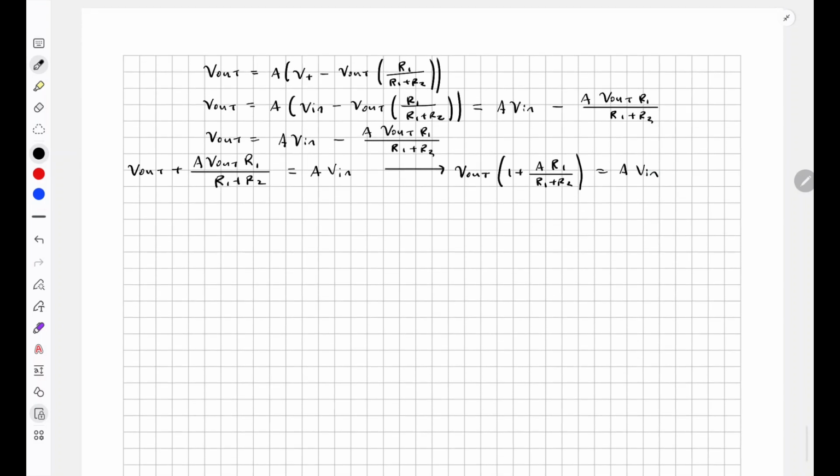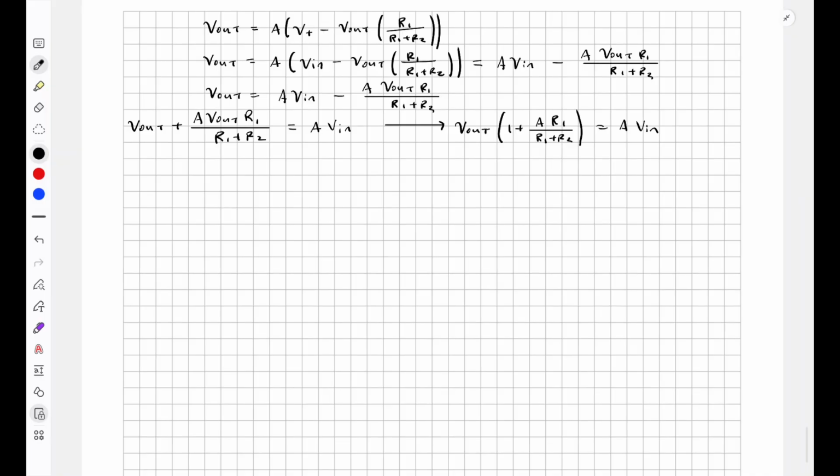Now I will divide both sides by V in. So we have V out divided by V in multiplied by 1 plus A times R1 divided by R1 plus R2, equal to A. Then divide both sides by this parentheses term.